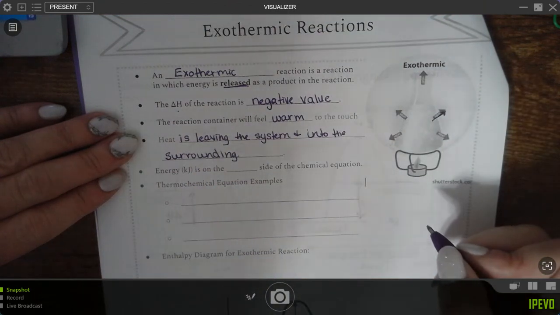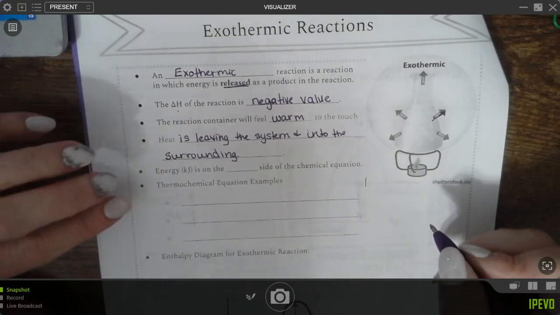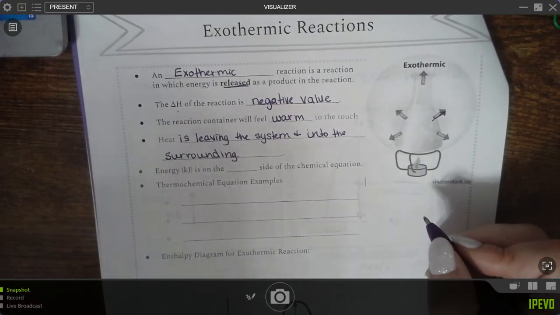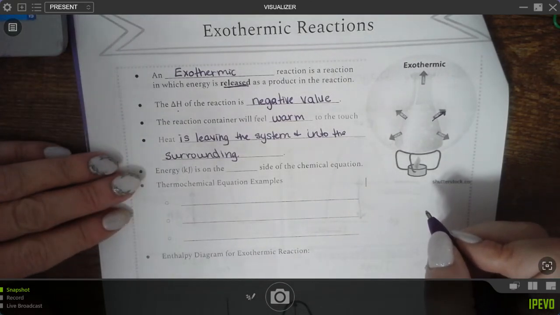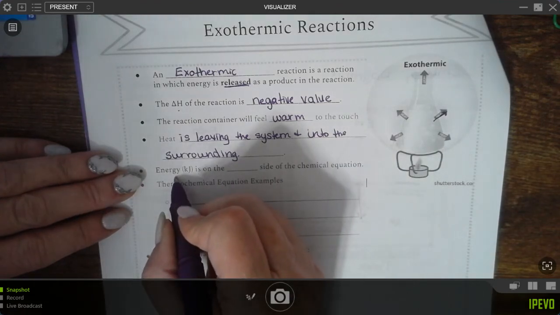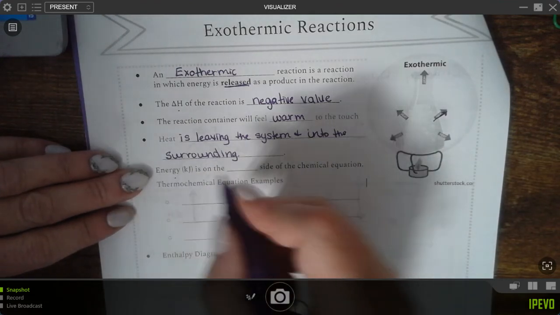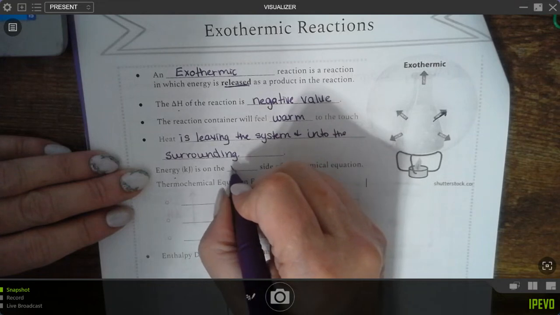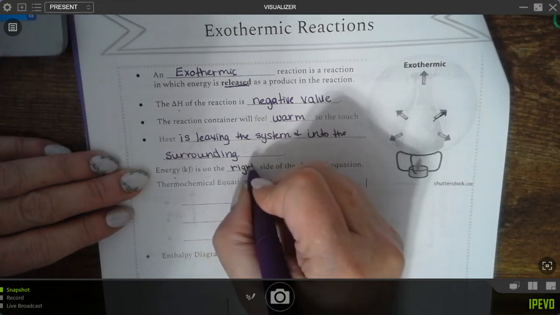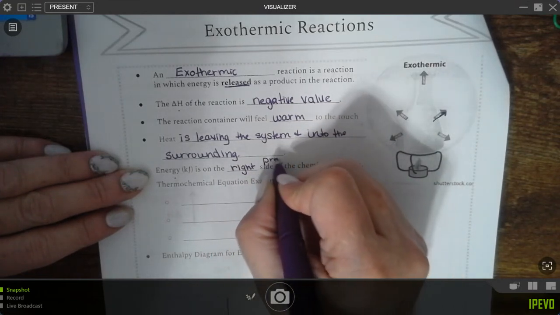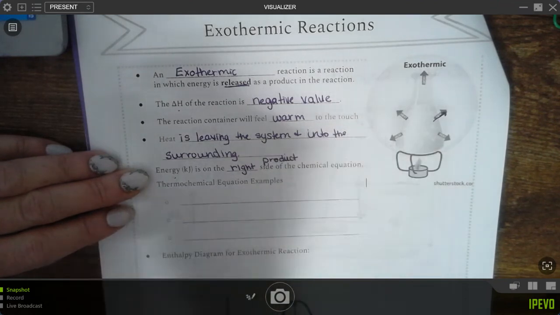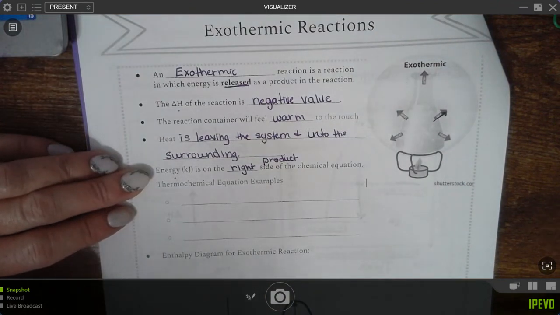I'm going to show you in just a minute. We're going to use this heat and put it into our chemical equation. When we have an exothermic reaction, the energy is located on the right side, or the product side, of our equation. Let me show you some examples of this.